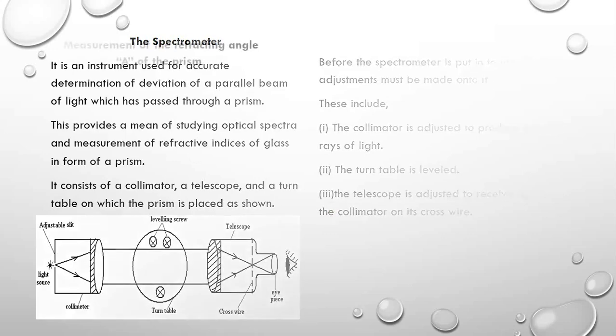Let's see this. Measurement of the refracting angle A of the prism. If you want to get the refracting angle of the prism, you have to first make the 3 adjustments.